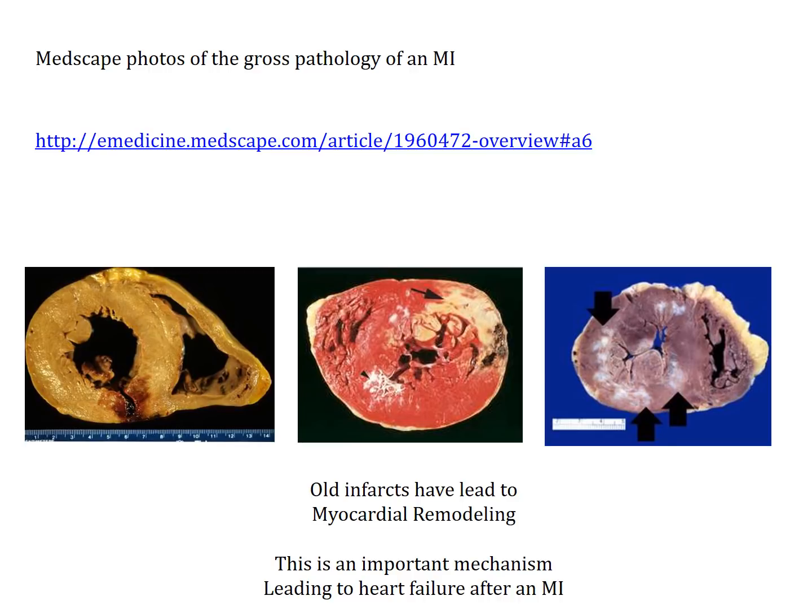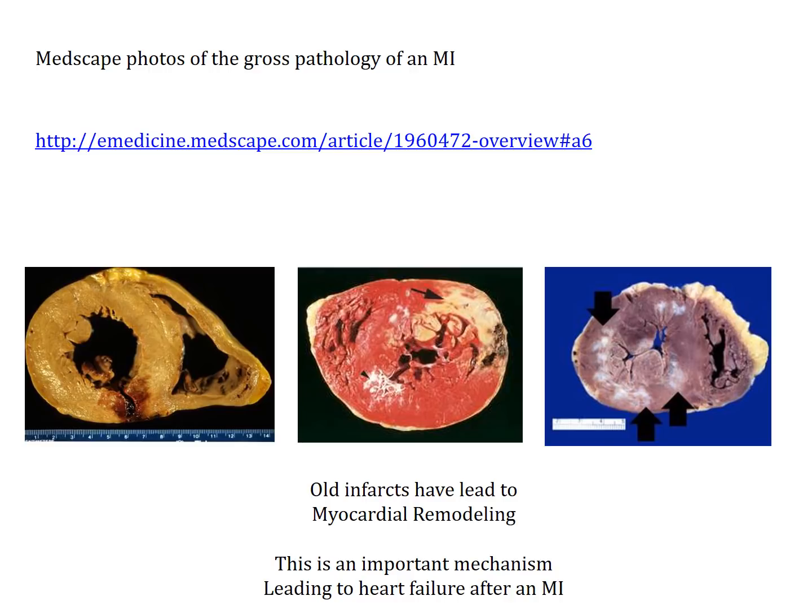Then you can see a couple of hearts here that has a lot of scarring all around different regions of the ventricle, where that scarring kind of looks grayish white. Doesn't look like that nice, healthy, reddish myocardial muscle, right? So those are older infarcts, and you can see that all pointed out in the middle picture and the right picture.